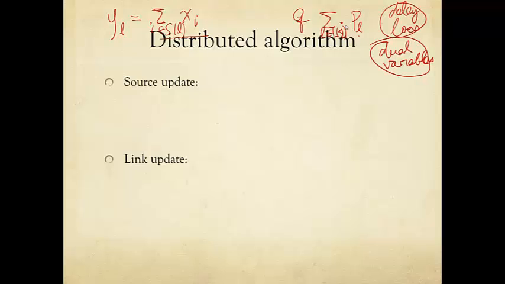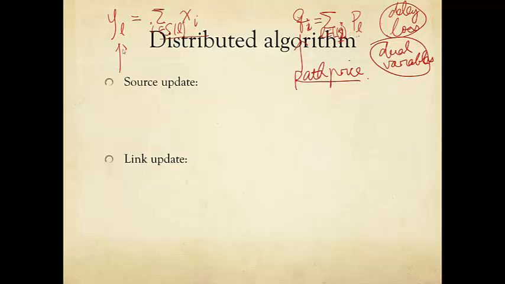By summing up all these P sub L with respect to the path of a particular source I, we get a number, call that Q sub I. This is the path price, because it's a sum of the prices along the path used by source I.